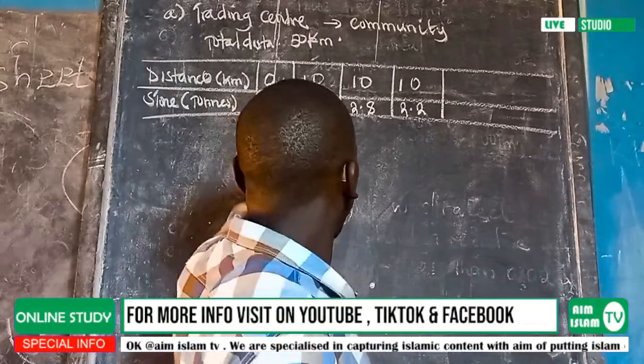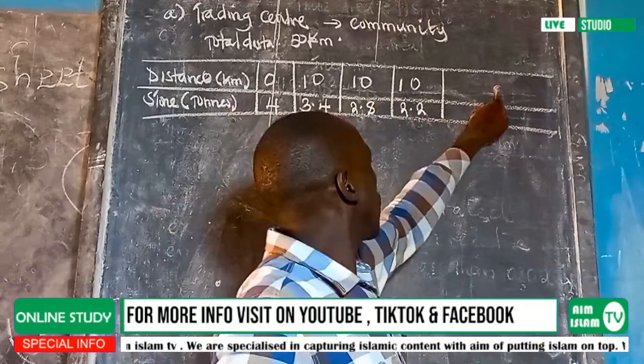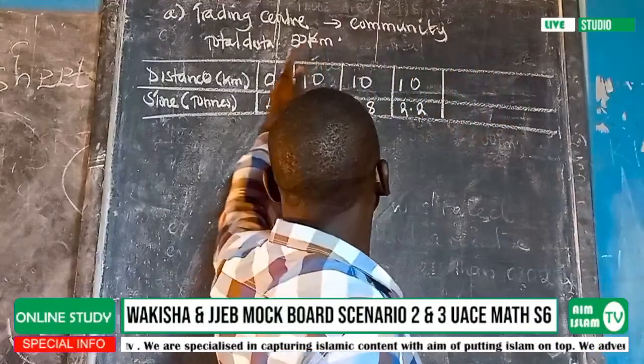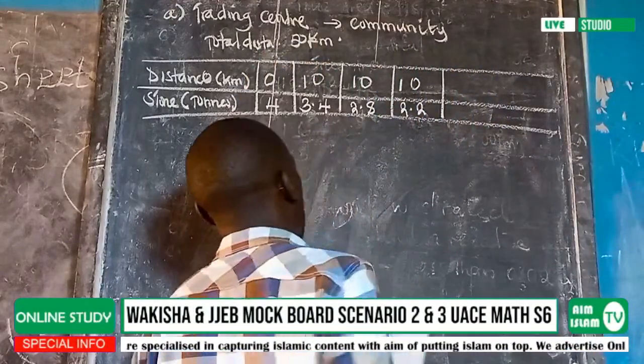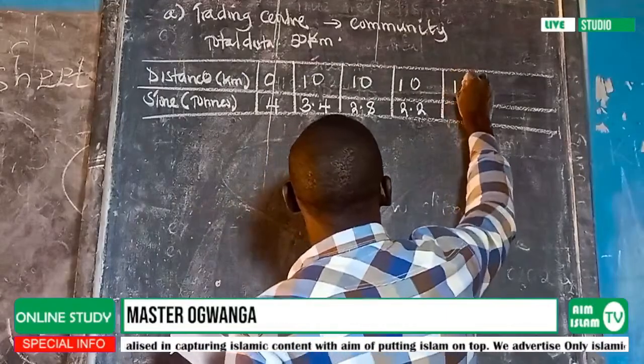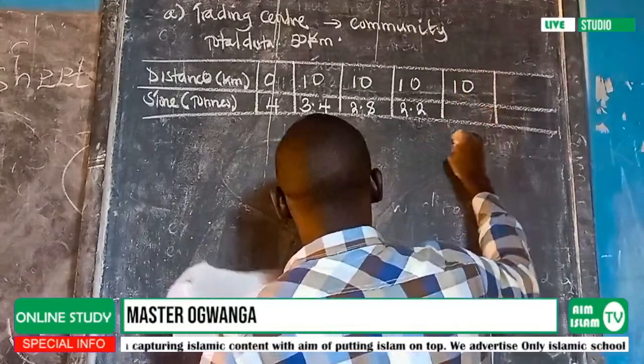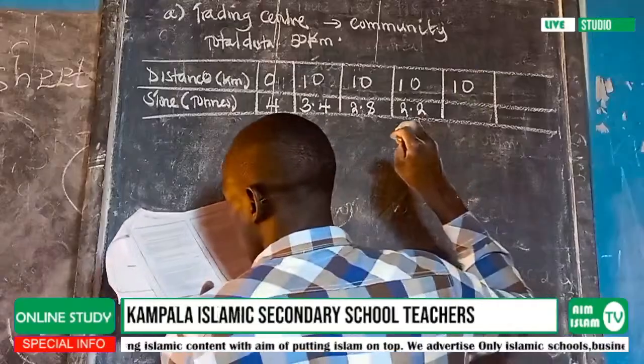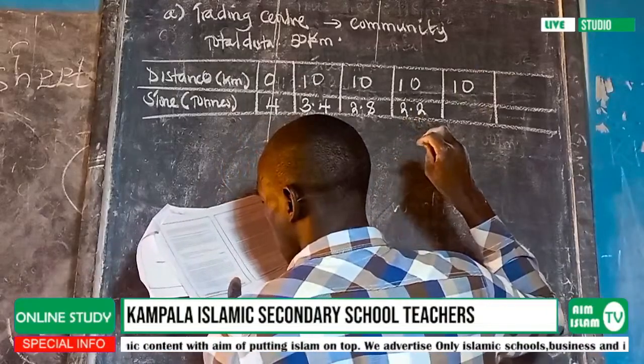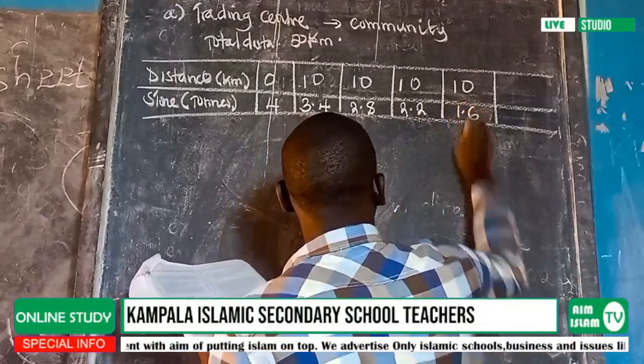So meaning that 10 from the lake community, what is remaining this side will be the 40, resulting into another 10, which is where they have uploaded to. They have uploaded here 1.6 tons.